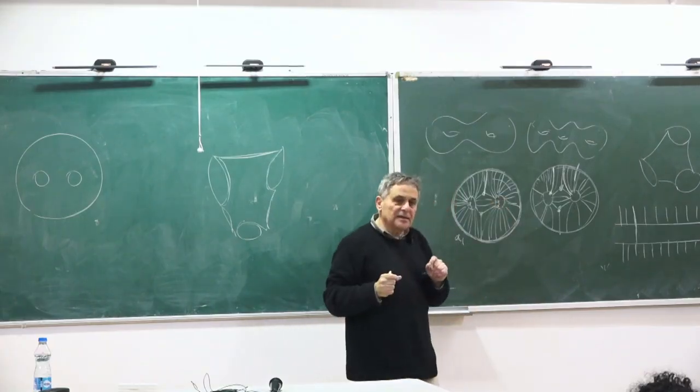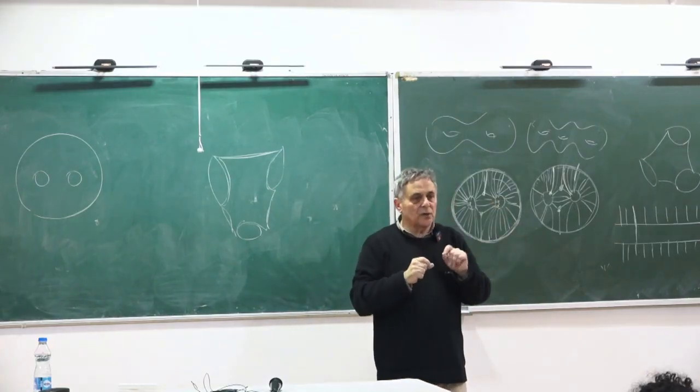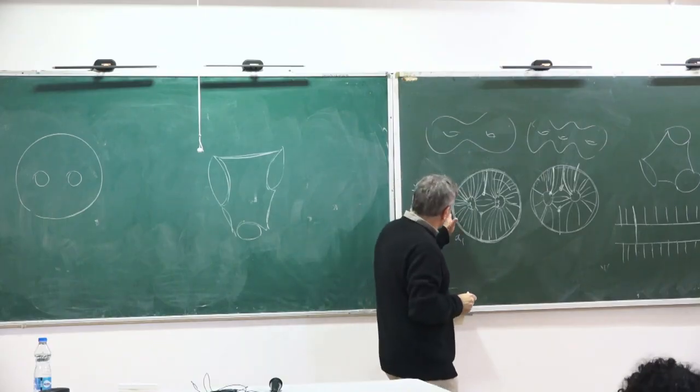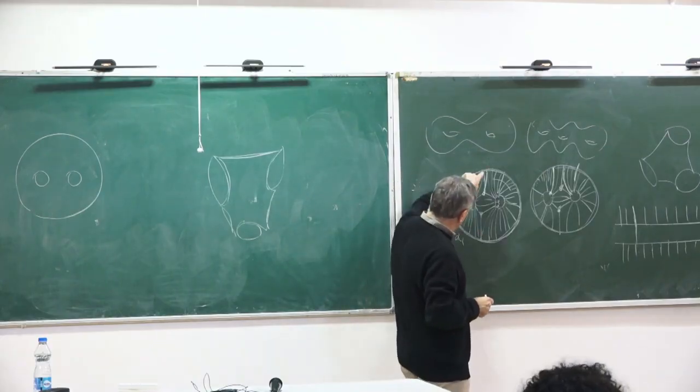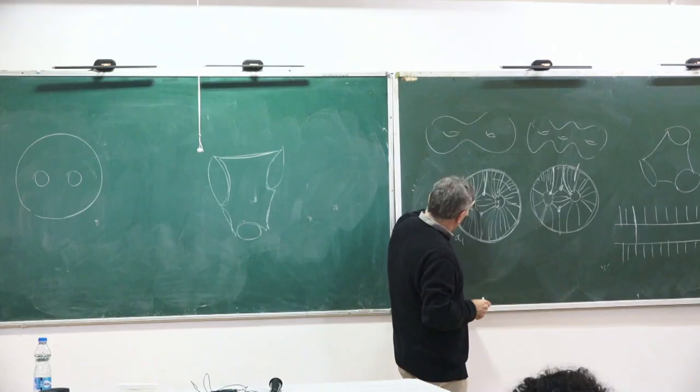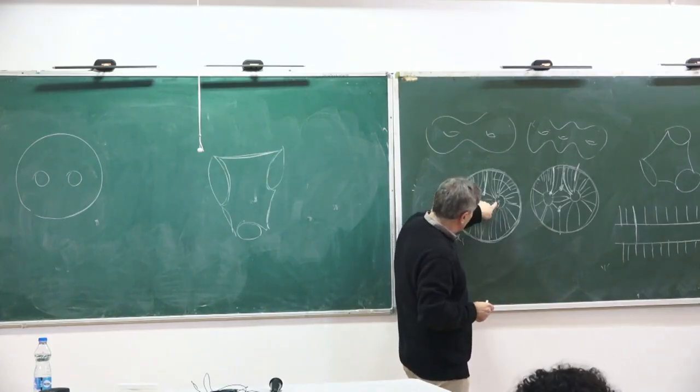They must satisfy some triangle inequalities, because this will be the transverse measure of this big one. And then there's a transverse measure of this one, and the transverse measure of this one.